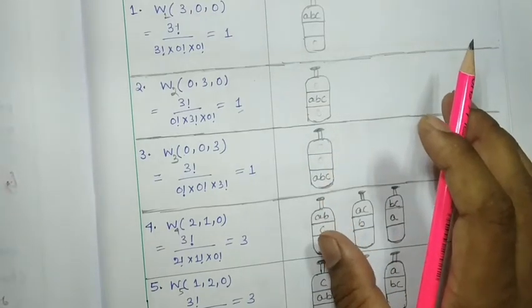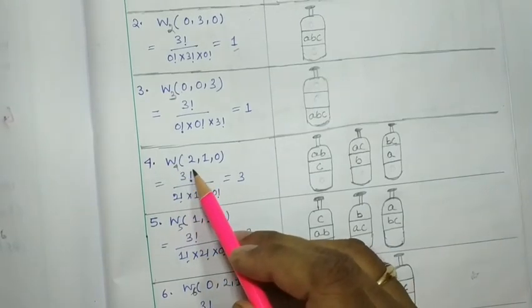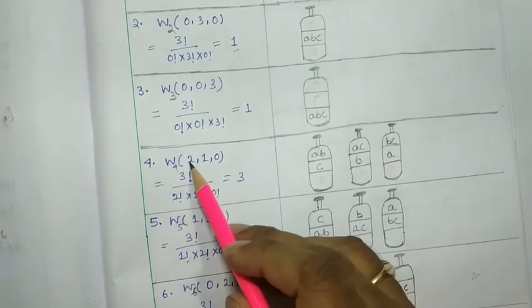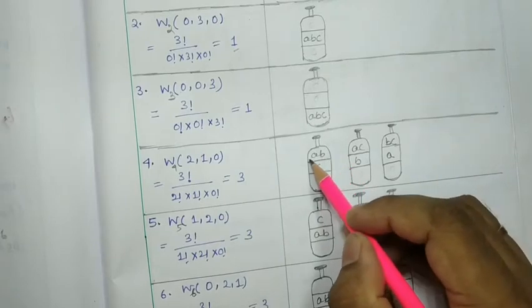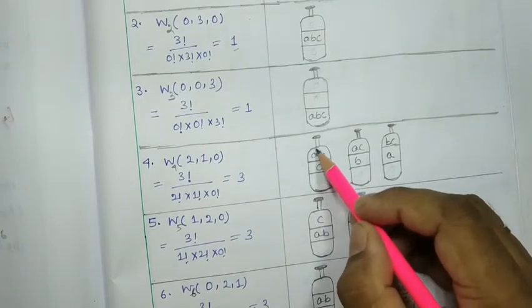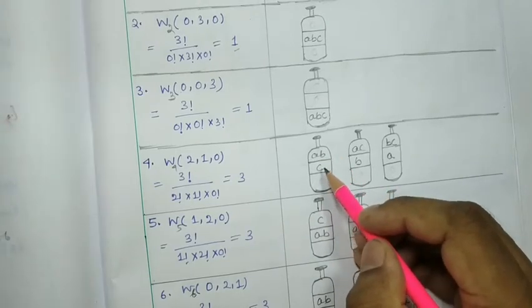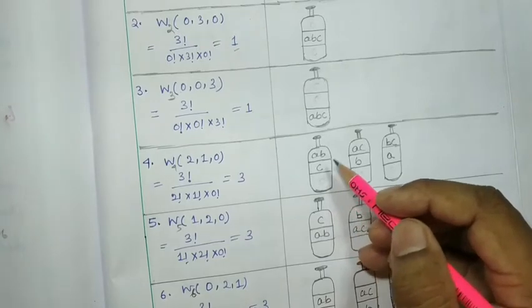Now consider the fourth macrostate, 210. That means 2 particles will be in the first compartment and 1 particle in the second compartment. How many arrangements?